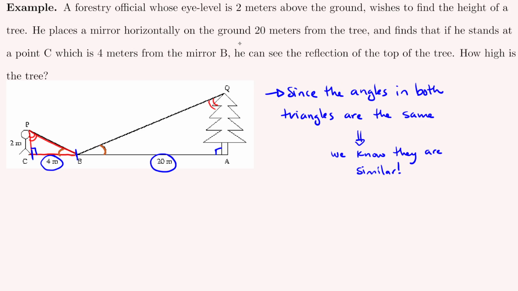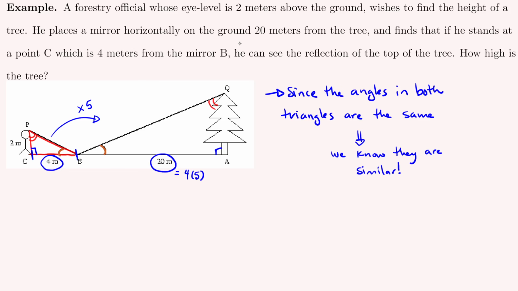So if these are similar, we know they're multipliers of each other. 4 times what gives you 20? What do we have to multiply 4 by to end up with 20? Well, that's 4 times 5 is 20. So this means to get from the smaller triangle to the larger triangle, we multiplied each side length by 5.